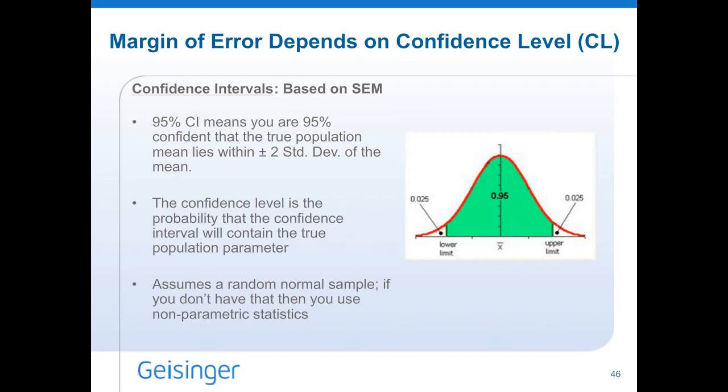That's a measure that you're 95% sure that the true population of your different means is actually different, that they're not overlapping. This assumes a normal random sample, a normal bell curve of data, and if you don't have a normal bell curve of the data that you have when you graph your results, then you kind of have to use different statistics.